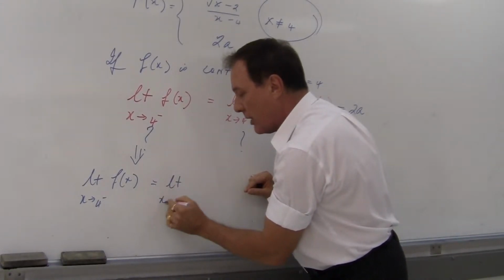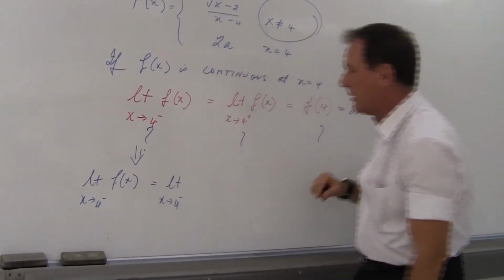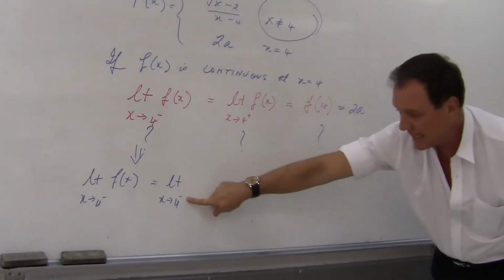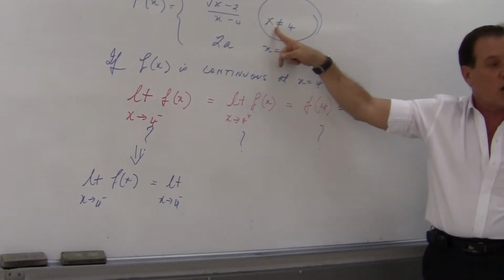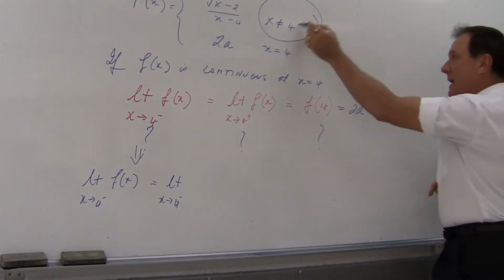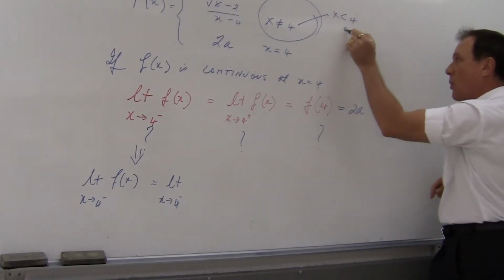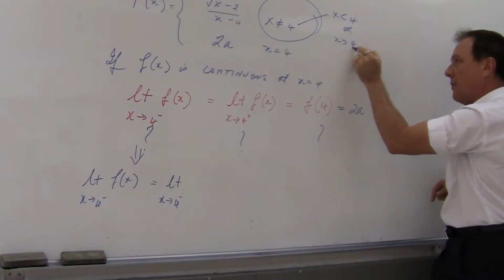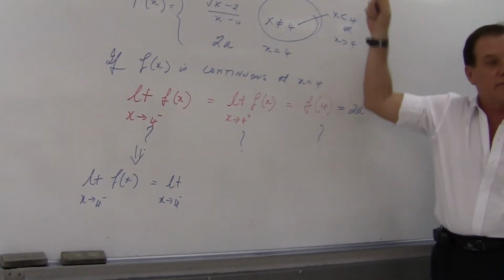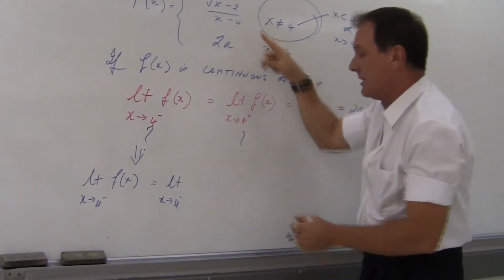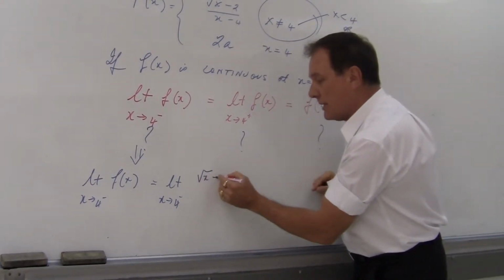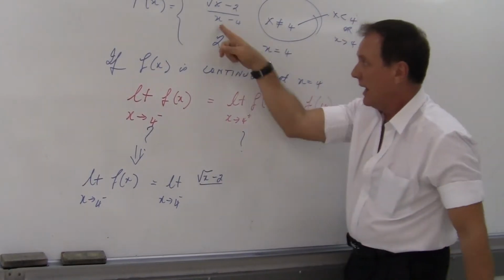We're less than 4. So we've got to go here, when x is not equal to 4. This part here means x is less than 4, or it means x is greater than 4. We can't tell any difference there. So what do we have here? It's going to be the limit of this thing, root x minus 2 over x minus 4.